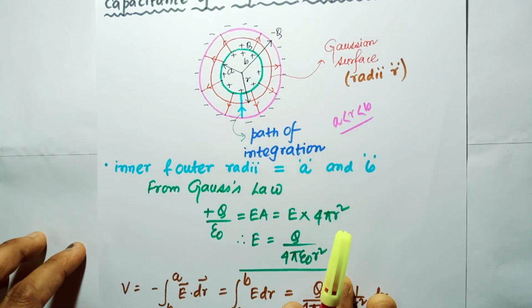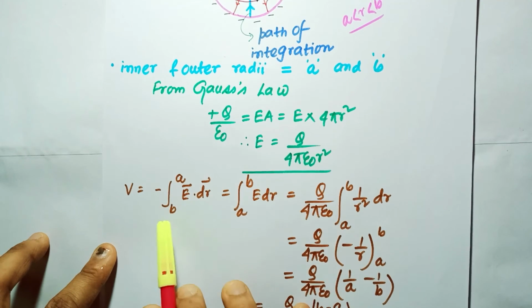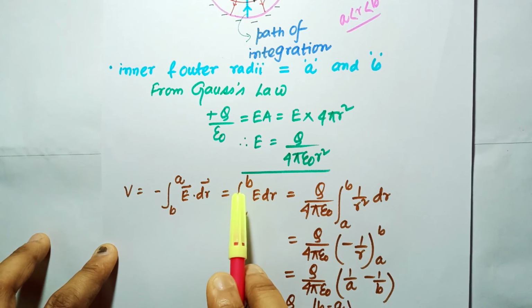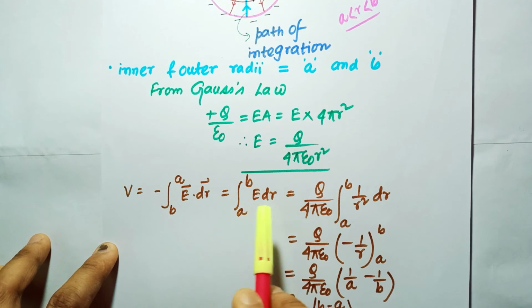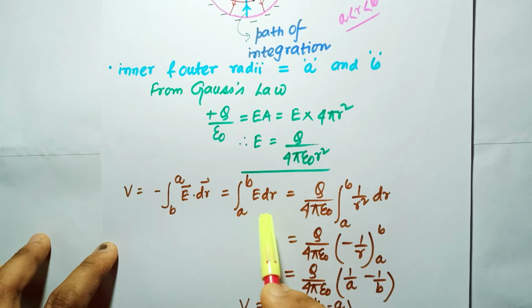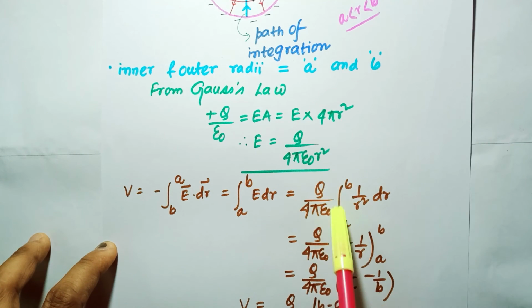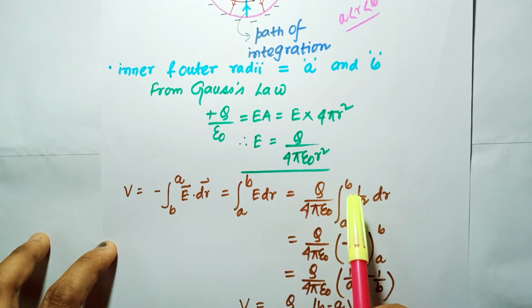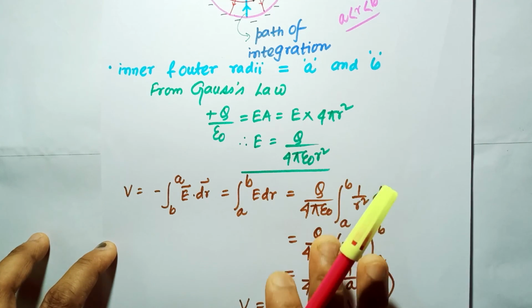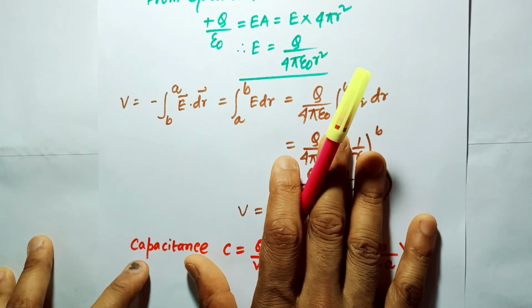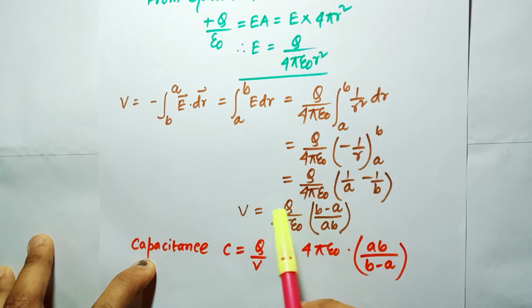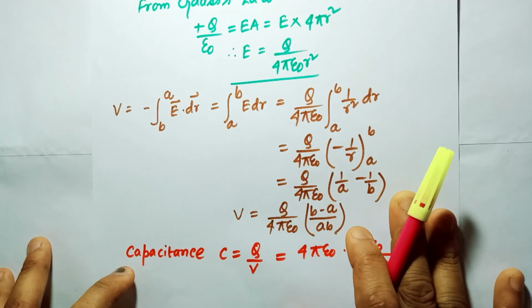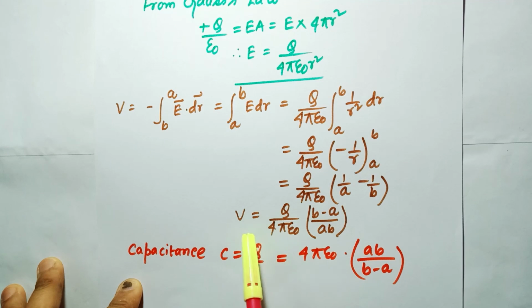So the potential will be V equal to minus the integration from b to a of E dot dr. It means the integration from a to b of E dot dr, because E and dr are in the same direction, so the dot product is 1 and it comes out as E dr. So Q by 4 pi epsilon naught, integral from a to b of 1 by r square dr. Performing the integration, it comes out like Q by 4 pi epsilon naught times minus 1 by r from a to b. So V is equal to Q by 4 pi epsilon naught times b minus a divided by ab. This is the expression of the potential.